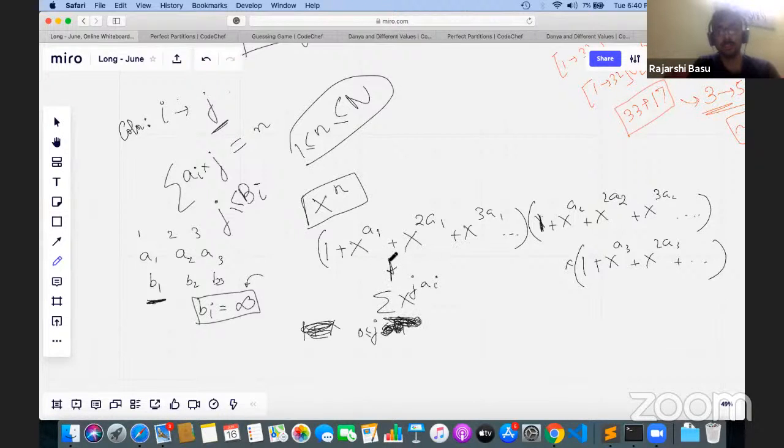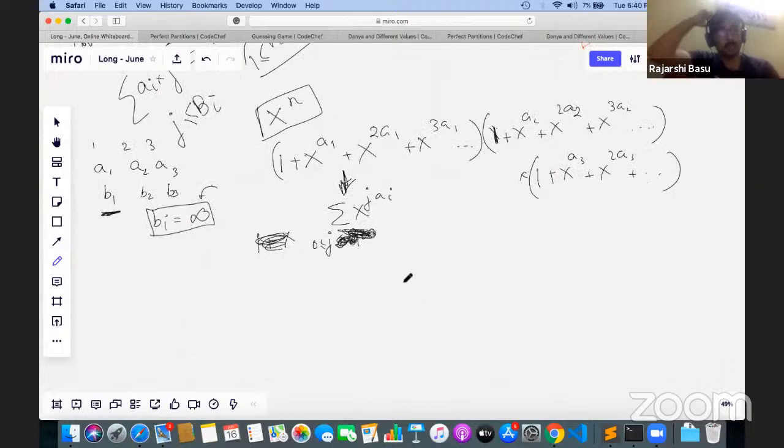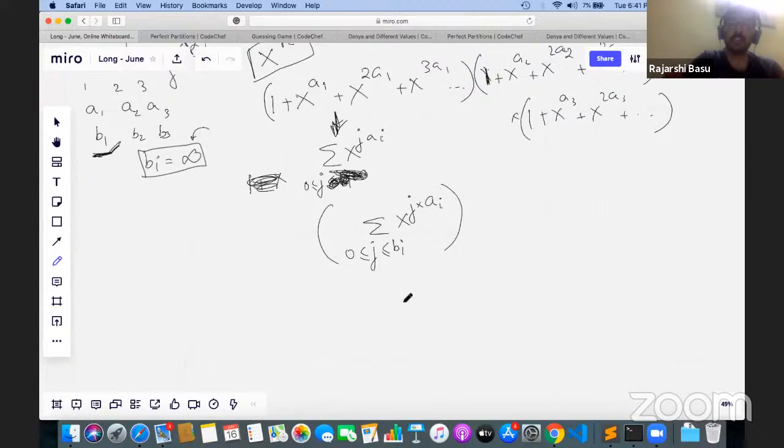This is basically this sum, rather this formal power series. If there was a certain b condition given, then it would have been like this: summation j till b_i of x to the power j times a_i, right? But this is not useful. You cannot really work well with this.